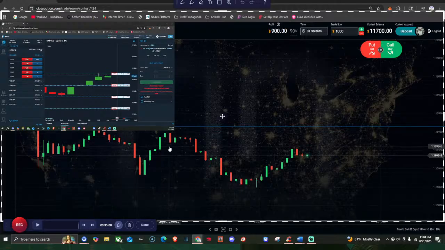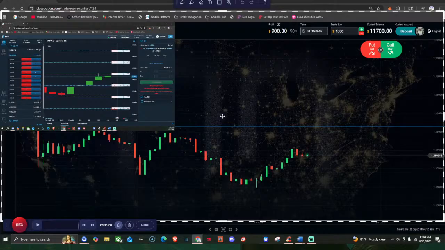And there aren't really strong touch points right now. You could argue that this line is a touch point. Let's see something real quick.